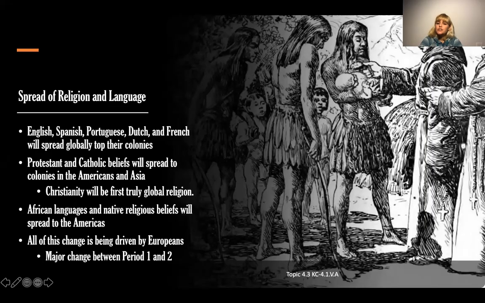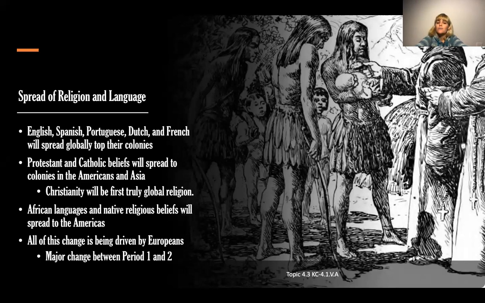So in addition to staple crops and diseases and all that other fun stuff that is being traded on this Columbian Exchange, you're also going to see the spread of religion and language. Okay, so we talked a lot in period one about the difference between missionary and non-missionary religions, right?